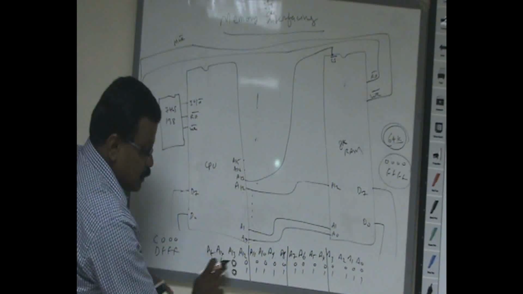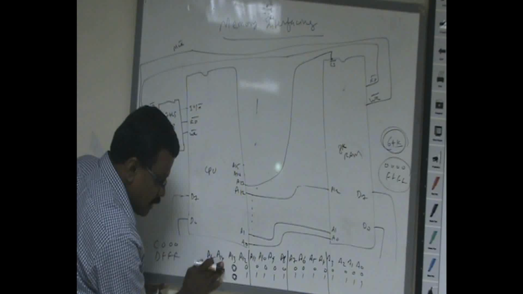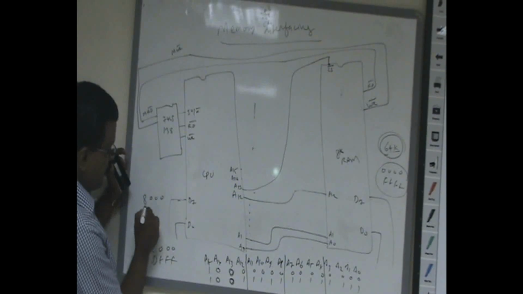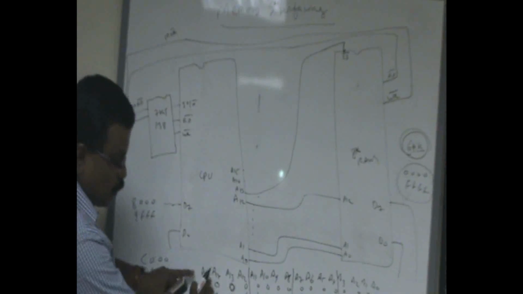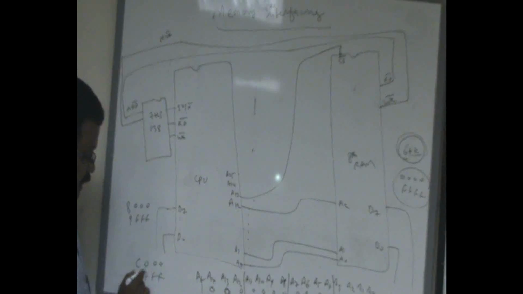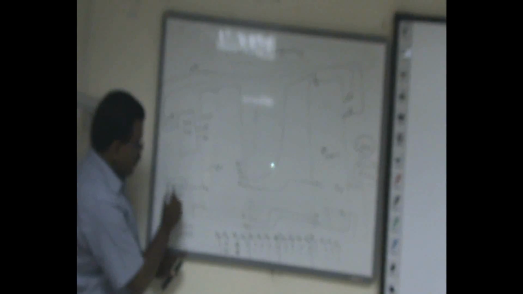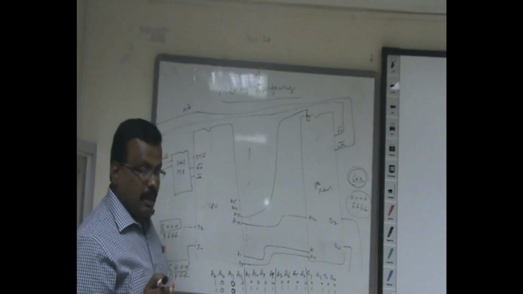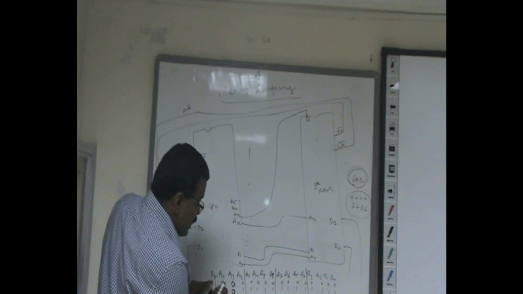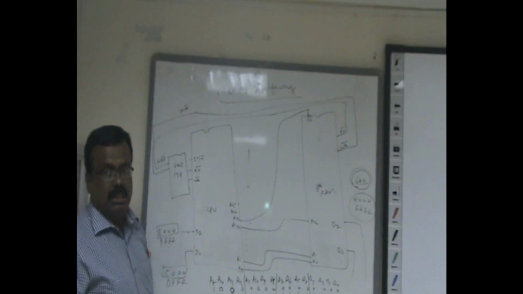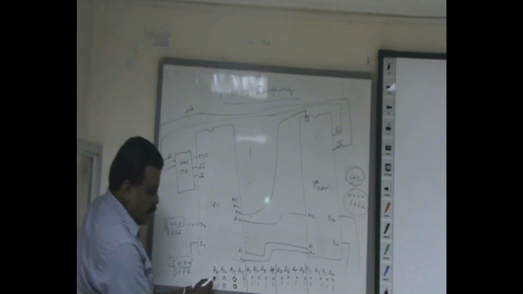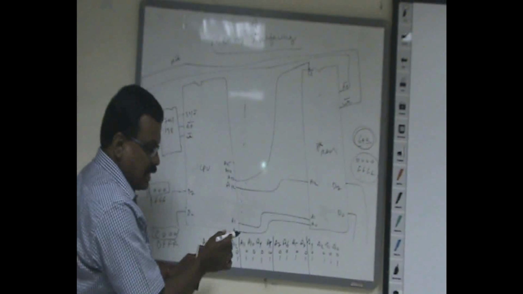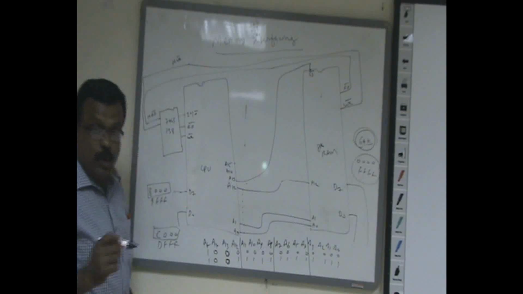Now, because these two signals are not connected, suppose they have the value 1, 0, now the address range is 8000 to 9FFF. So if you specify the memory location 8000 or C000, both will point to the same memory location, because A15 and A14 are not connected to the decoding logic at all. It is kept open. So by using these two lines, we get 4 duplicating addresses. Every memory location will get 4 duplicating addresses.